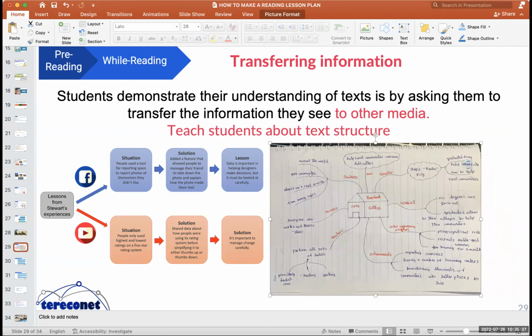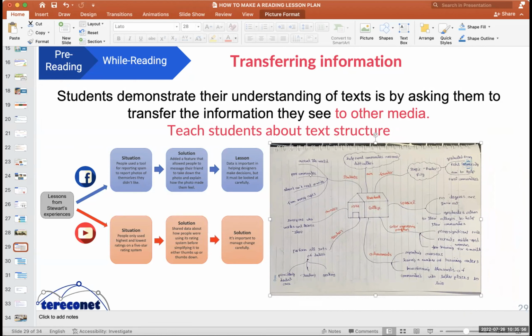All kinds of non-fiction reading are organized in some way, and only five ways. It's going to be problem and solution, timeline order, cause and effect, a step-by-step procedure, or argumentative. That's it.